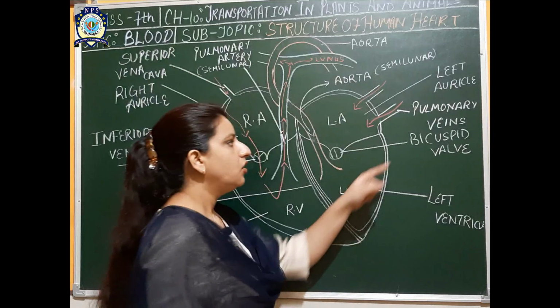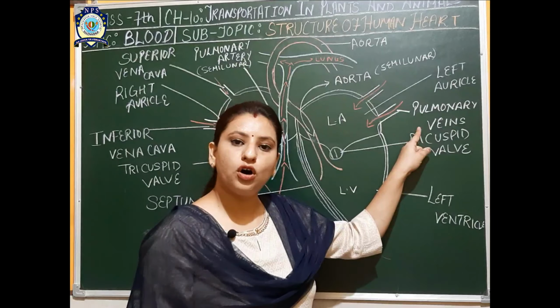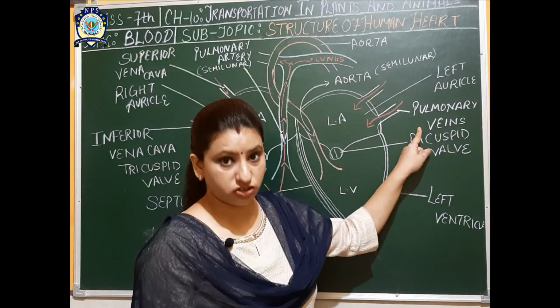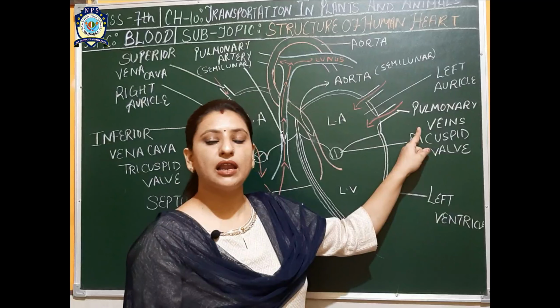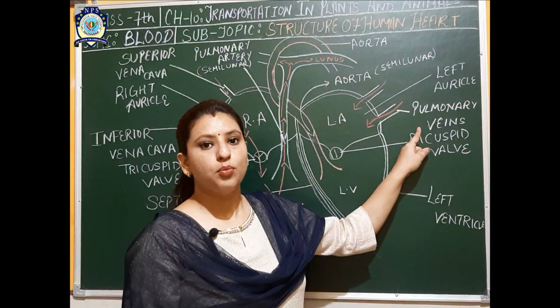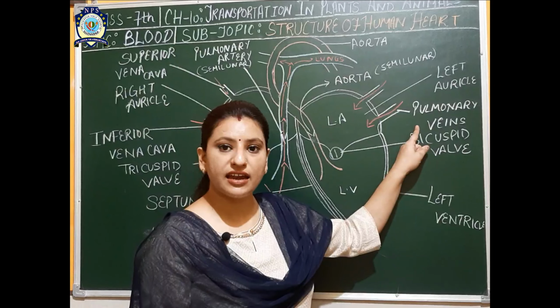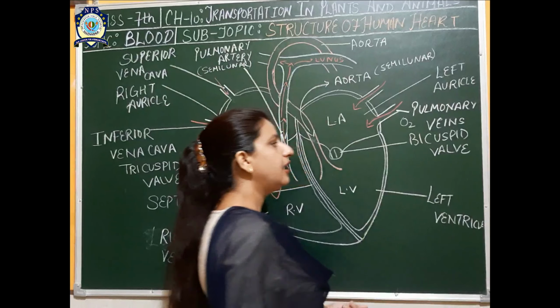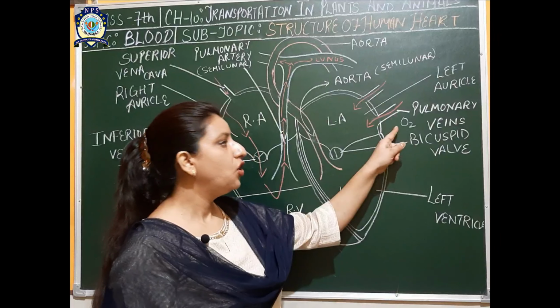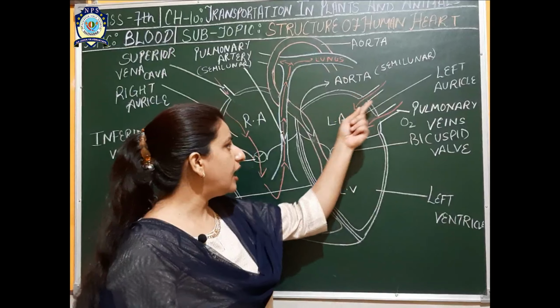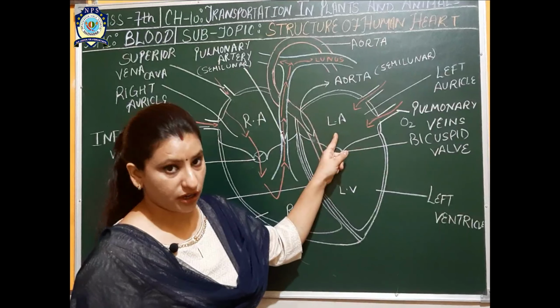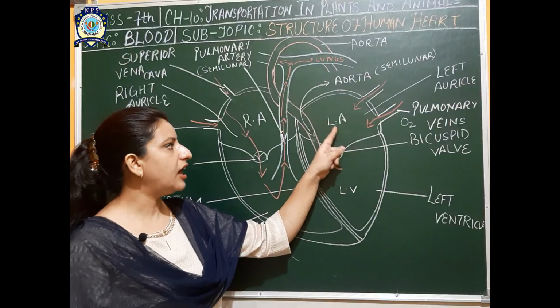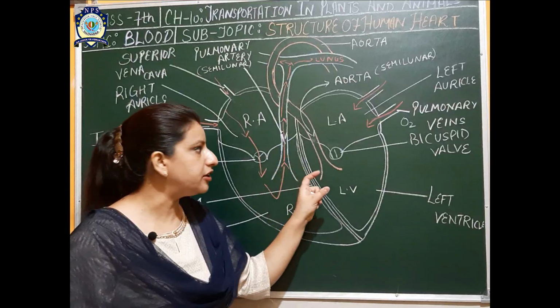As we know, all the veins of the body carry deoxygenated blood, but only the pulmonary vein is an exception, because the pulmonary vein carries oxygenated blood, and this oxygenated blood from the lungs will enter into the left auricle.